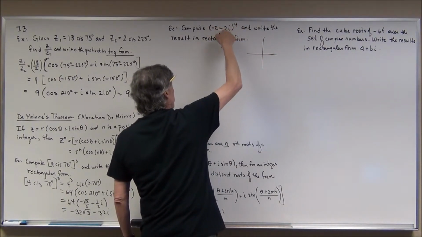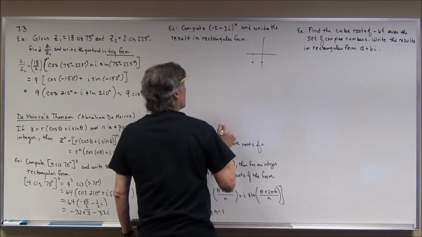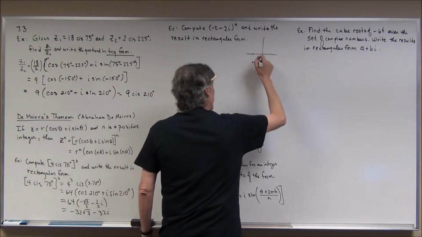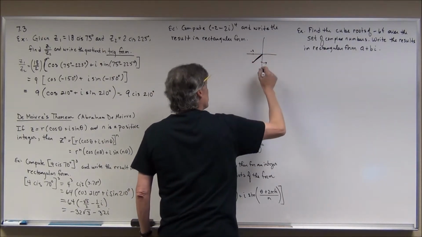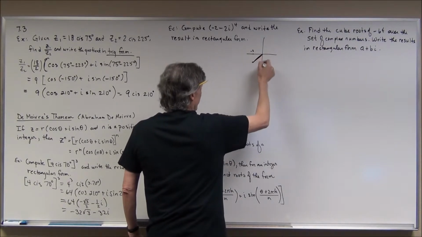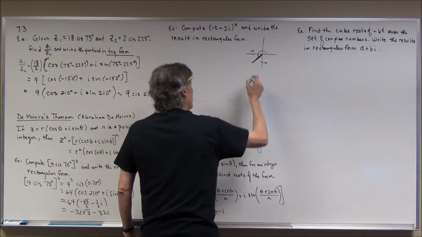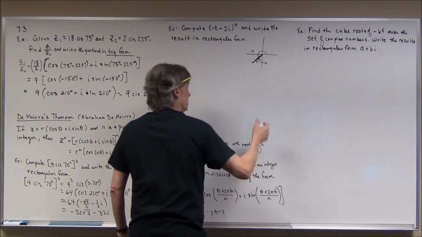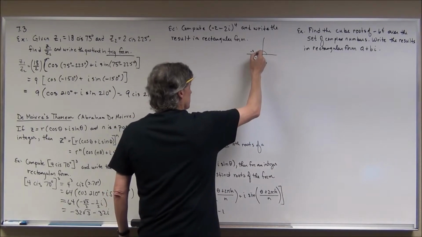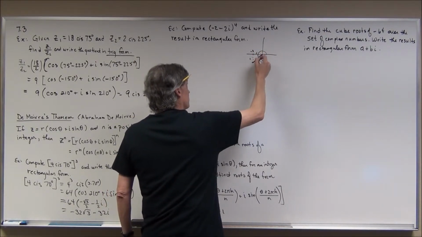This would be negative 2, negative 2. Well, that would tell me that this is a 45, 45, 90. This is 45 degrees, so all of this is 225. And so this is going to be 2 square roots of 2, because it's a 45, 45, 90, and each one of these sides is 2. And that this is 45, so this would be 225.